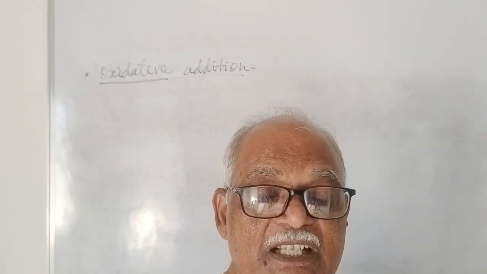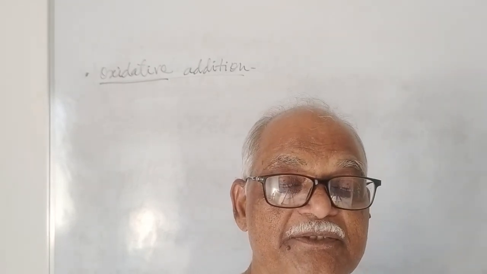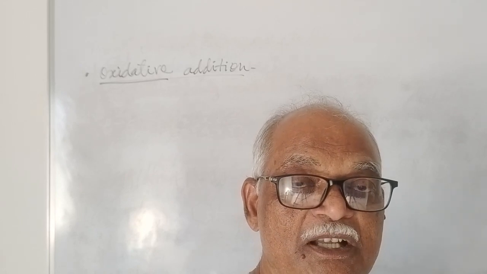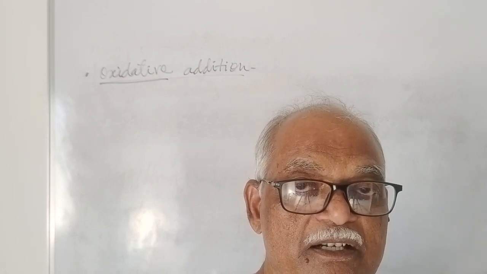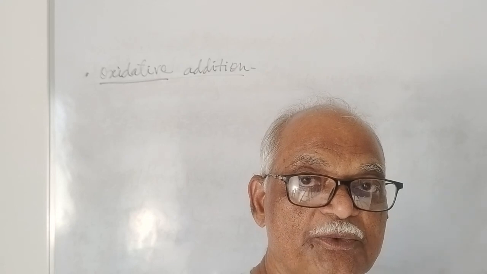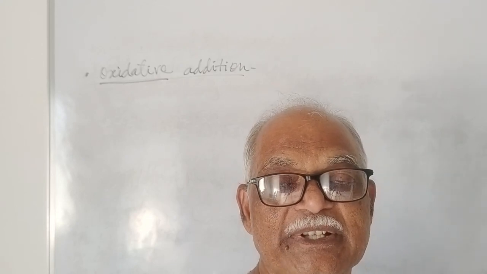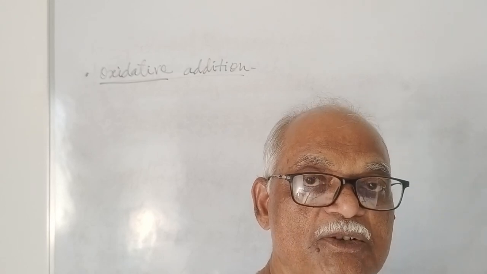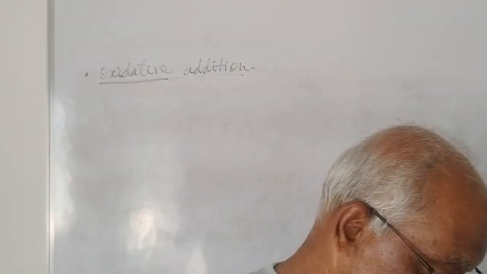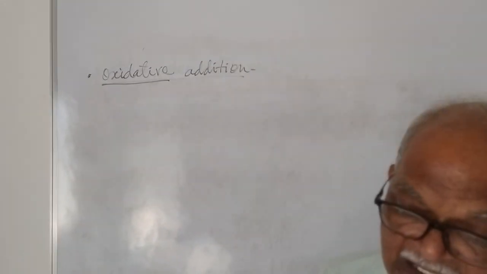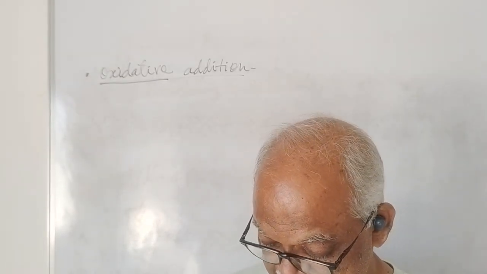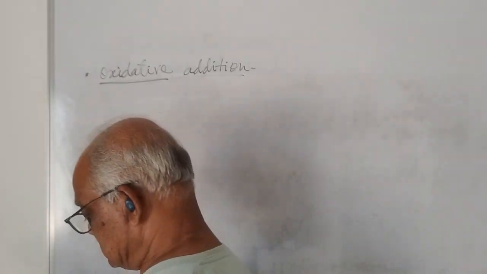So for this purpose, we cannot choose the metal in which the electrons are d10, means higher oxidation state. If the metal is present in very high oxidation state, then such reactions are not going on or taking place. So these reactions are useful for moderately electron rich metal centers, and it reacts with alkyl halides.